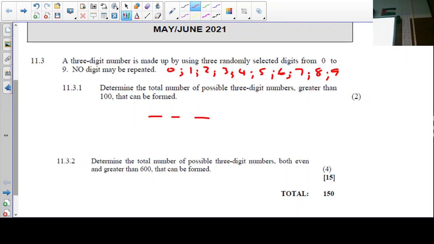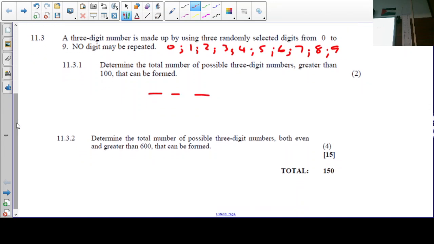If you consider the numbers greater than 100, from 1 to 9 I have 9 options. Remember, we are omitting 0 here, so the number must be greater than 0.